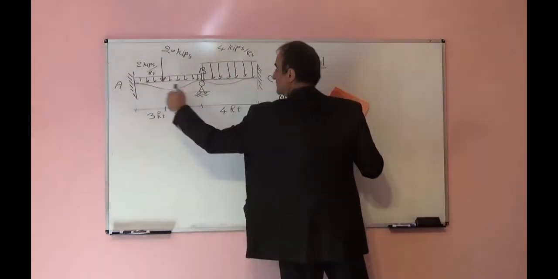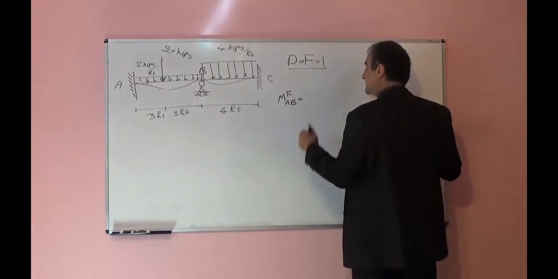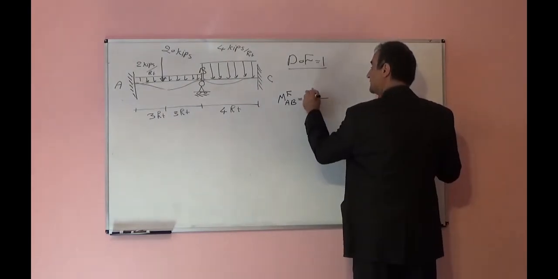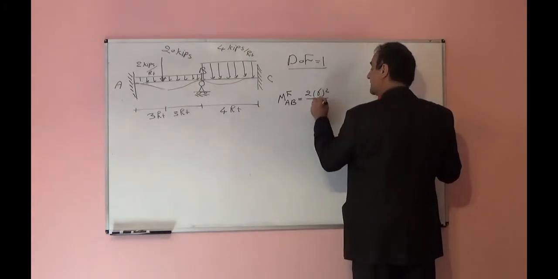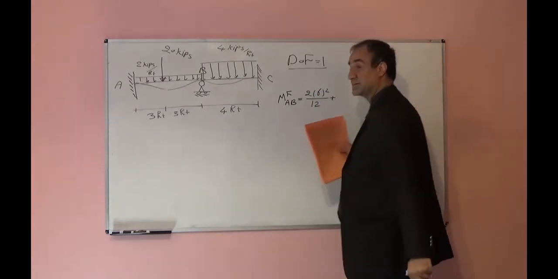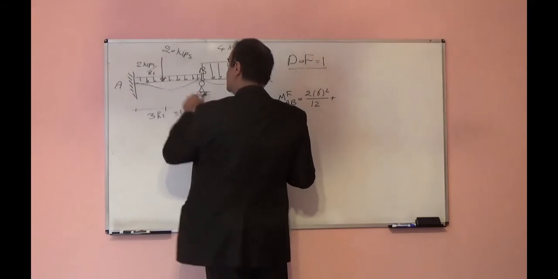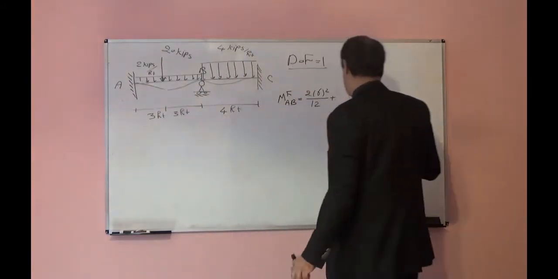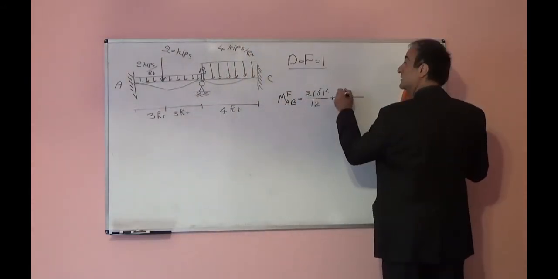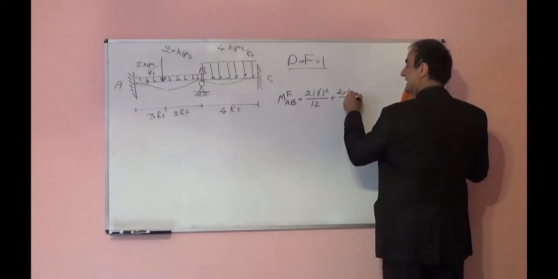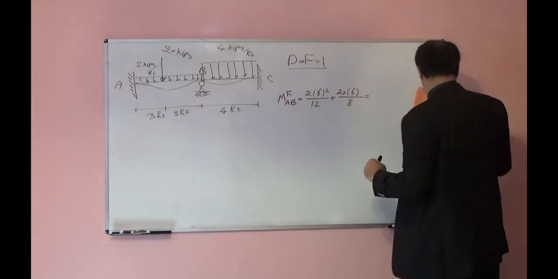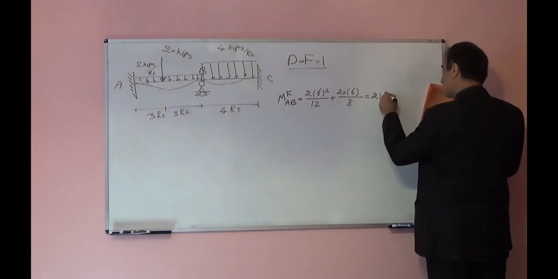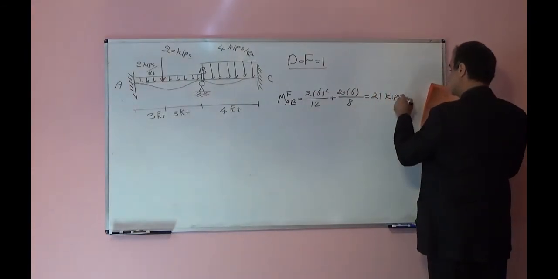If I assume this AB is both ends fixed, it will be W L squared, 6 squared over 12, because we have a concentrated load as well, plus P times L over 8, it is 20, times L, 6 over 8. That will be equal to 21 kips feet.